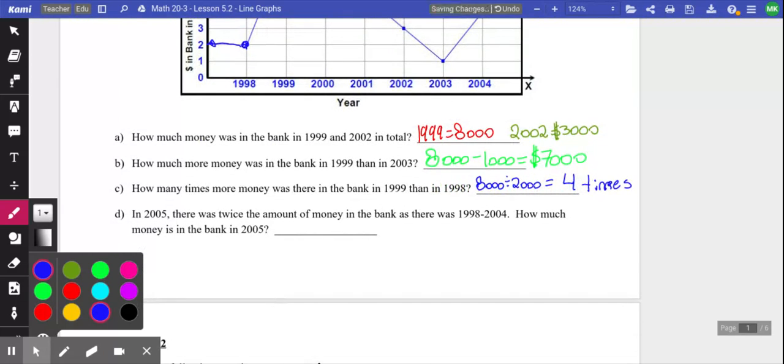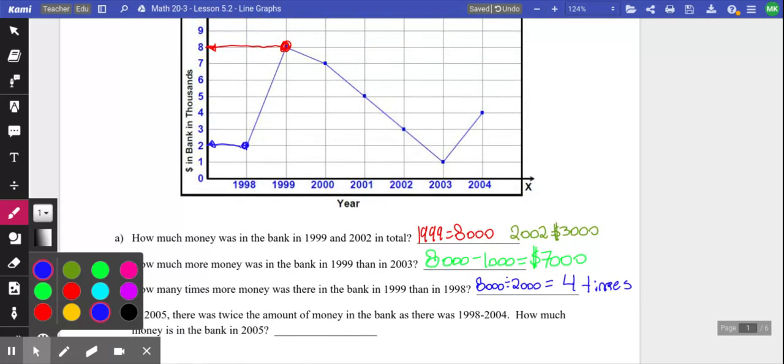And last one, in 2005, there was twice the amount of money in the bank as there was from 1998 to 2004 combined. How much money was in the bank in 2005? From 1998 to 2004, we would have to total up all that money.